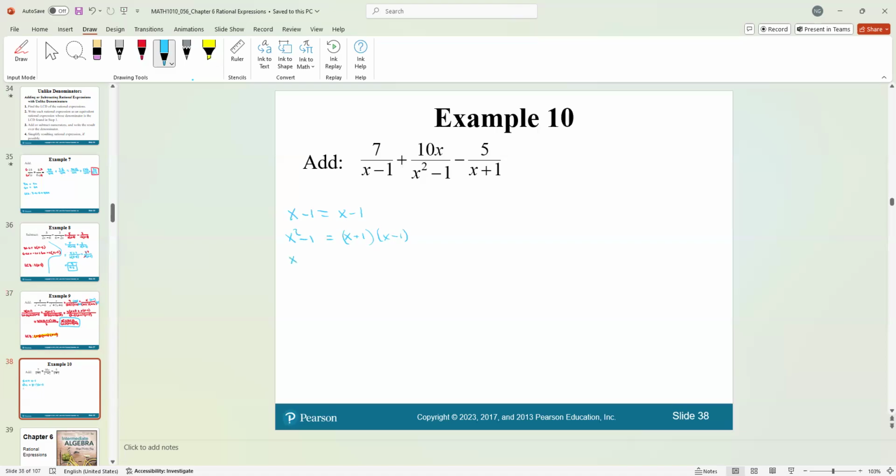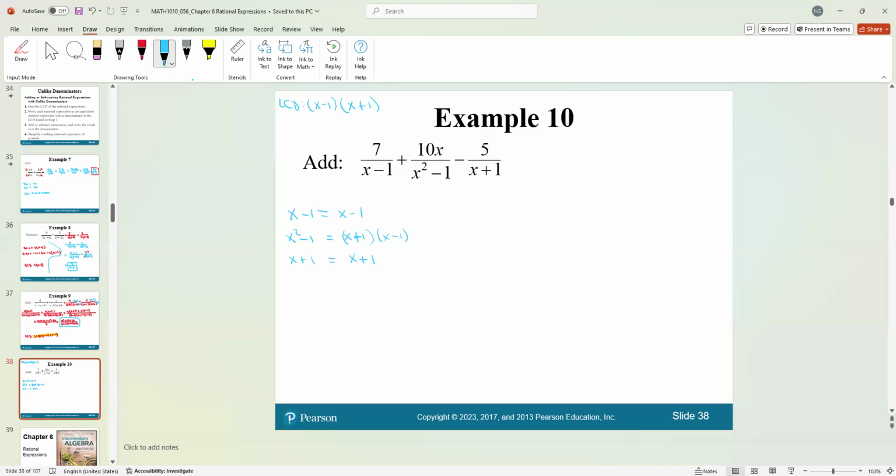And the last one, x plus 1, cannot be factored. Now, looking at this, we can say the LCD is: you take x minus 1, because we don't need to take it again with the second one since it's already there. So we take only x plus 1, and we don't need to take the last one.